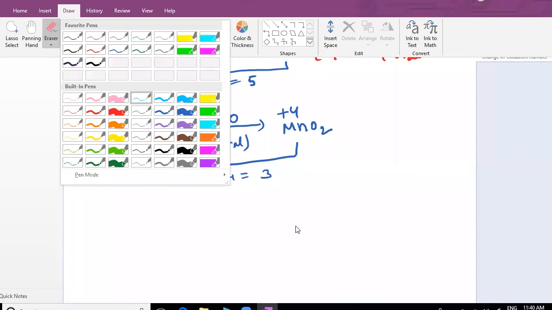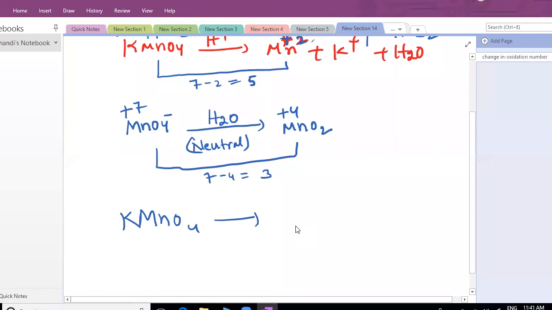What is the change in oxidation number? OH minus means basic medium, which means the reaction occurs in basic medium. That's the meaning. What is the change in oxidation number here? Potassium +1. Mn how much? +7. Oxygen -2. Potassium +1. Mn how much here? Anyone can calculate?